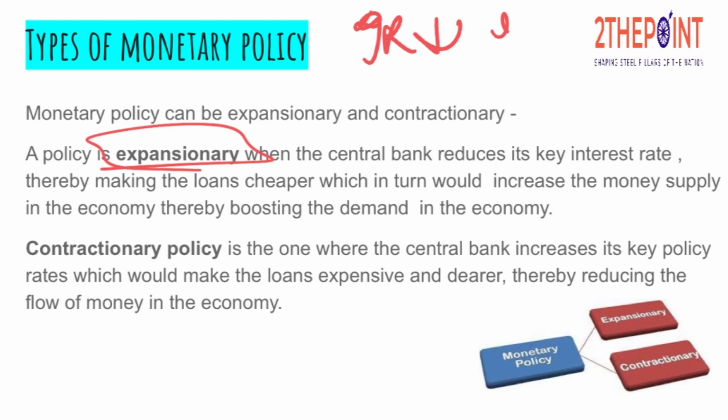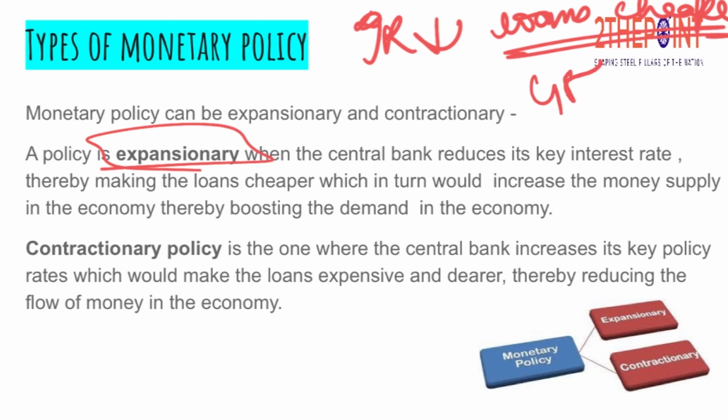The loans become cheaper, and more people start availing the facility of loans. After taking loans, people have more money at their disposal, which they use in purchasing goods and services. By goods and services, it could mean anything ranging from a four-wheeler to starting a new business.